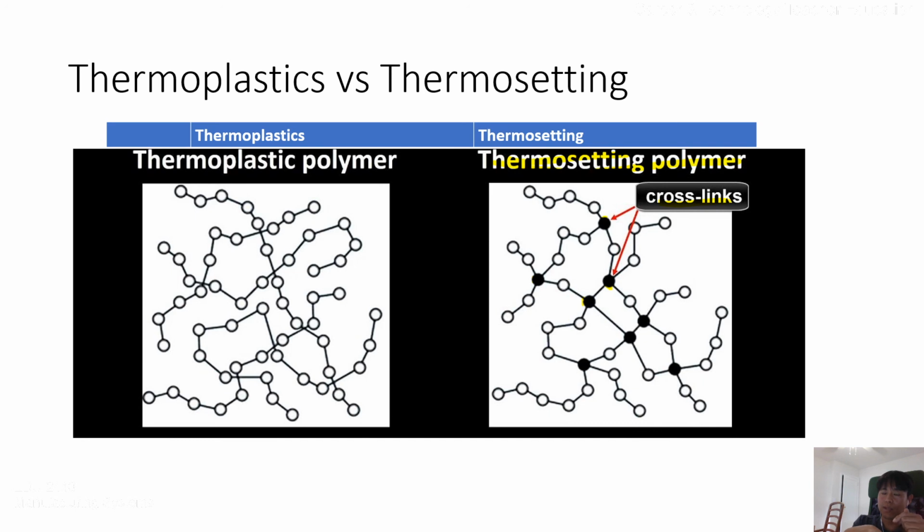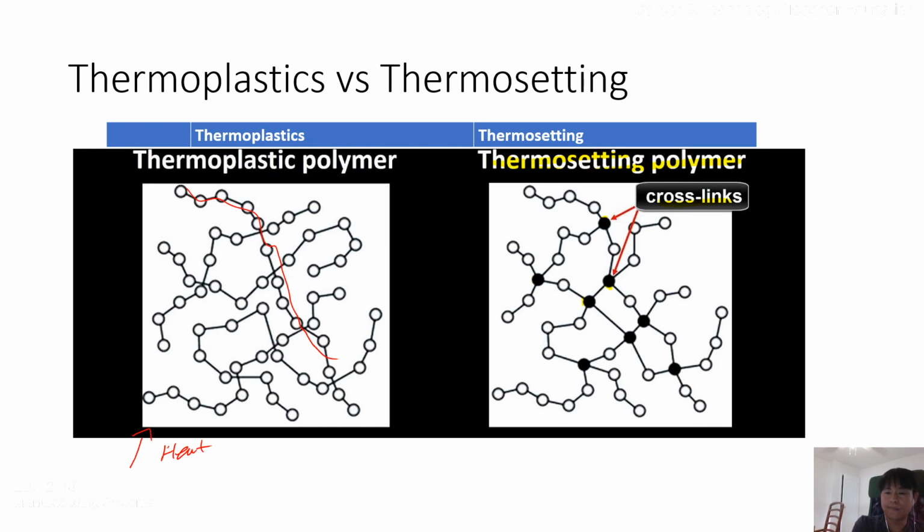When it gets some heat, a thermoplastic polymer disentangles the strings and can be shaped into other types of products. So when we put heat on it, these strings can be reshaped into a different shape.